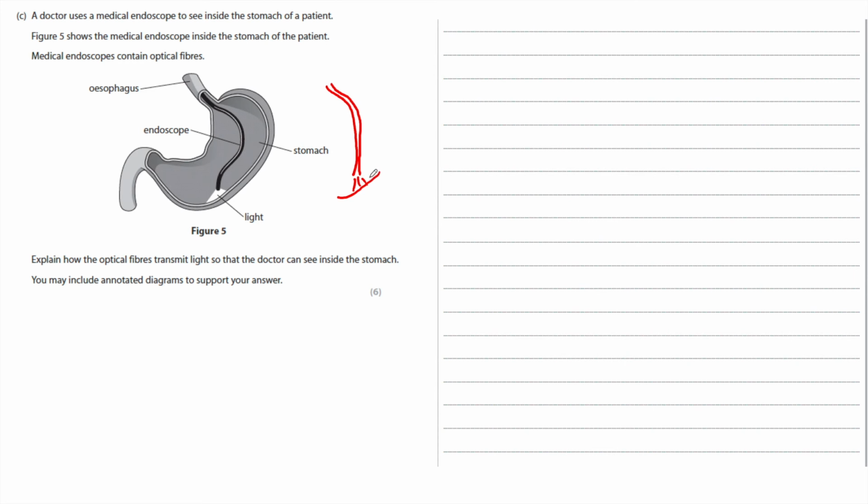But light reflects off the stomach wall and comes back along a separate bundle of fibre optics, and those have to be coherent, that those fibres must be parallel and in the same orientation up here as down here, because each fibre acts as one pixel, so produces light for one pixel, so your image is not jumbled up. So that's what the two fibre optic bundles do.